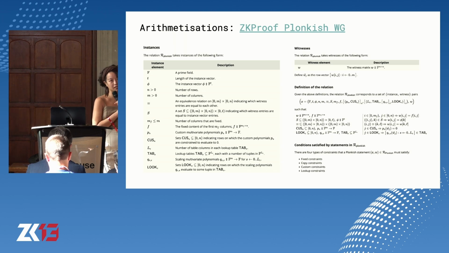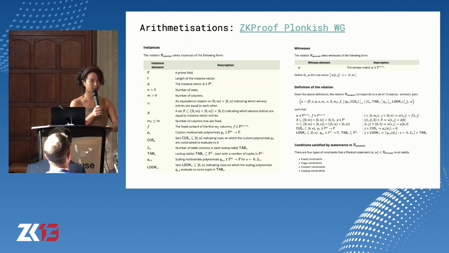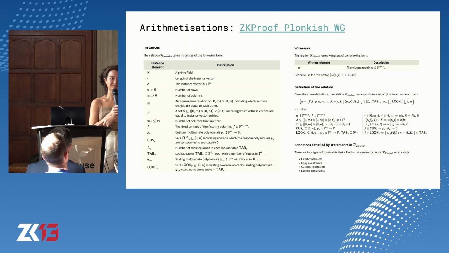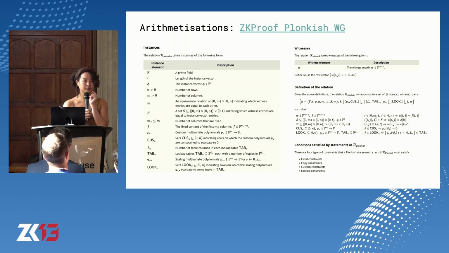For example, ACIR, used by Noir, can compile to both Plonkish and R1CS, but not AIR. And there are many attempts to generalize, like CCS, the customizable constraint system, which I think also generalizes over Plonkish and R1CS.